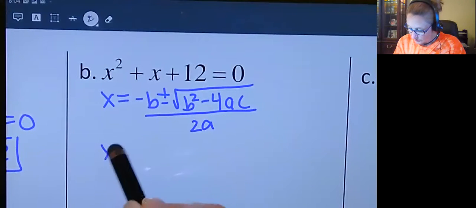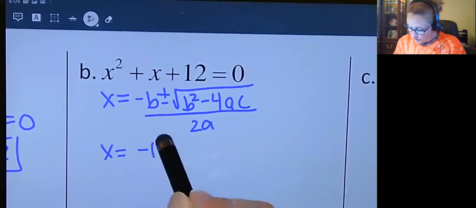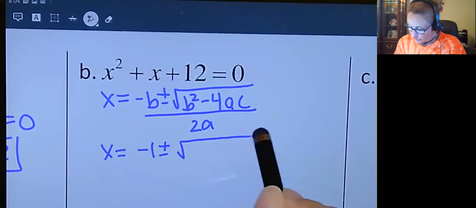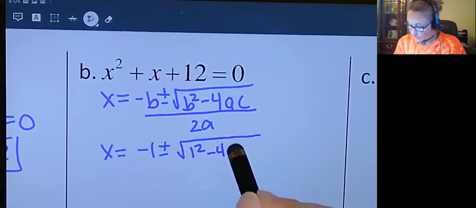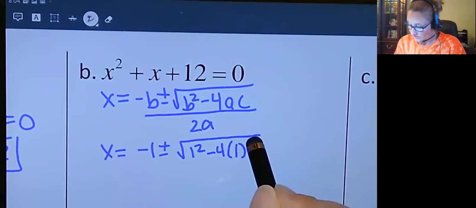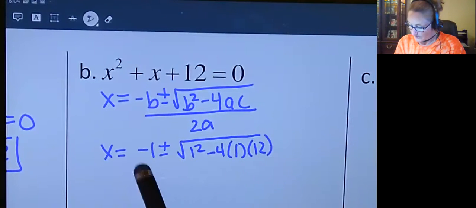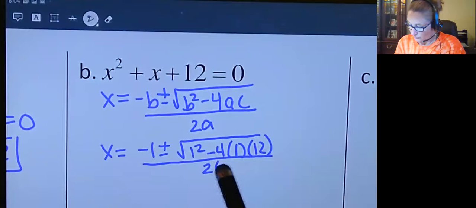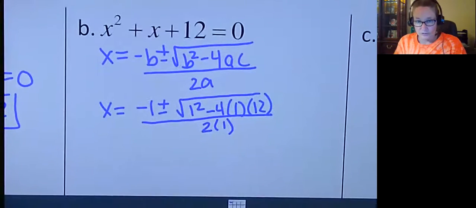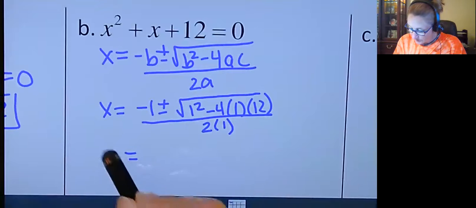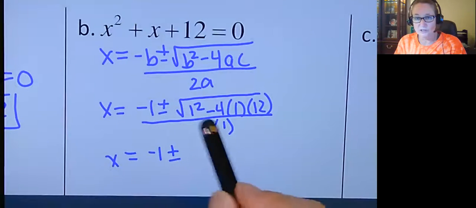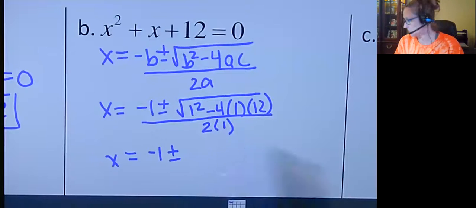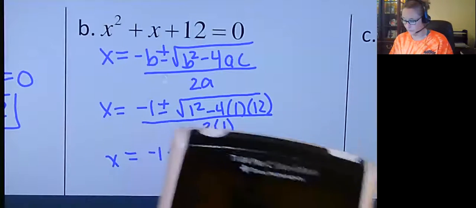So this is going to be x equals -1 plus or minus the square root of 1 squared minus 4 times 1 times 12, all over 2 times 1. So now I'm going to end up getting -1 plus or minus, and when I do 1 squared, I get 1.